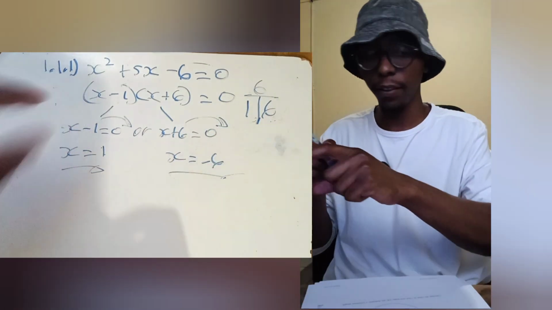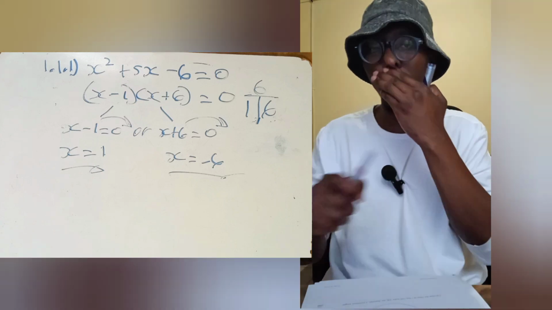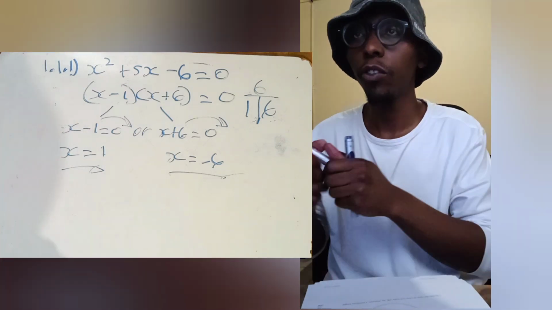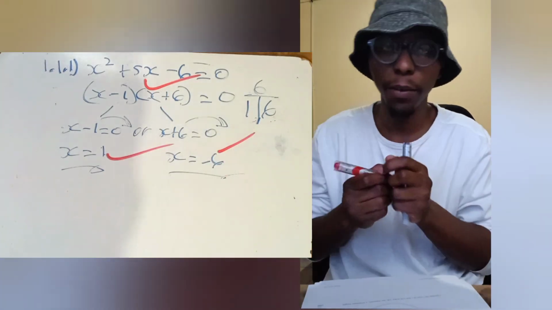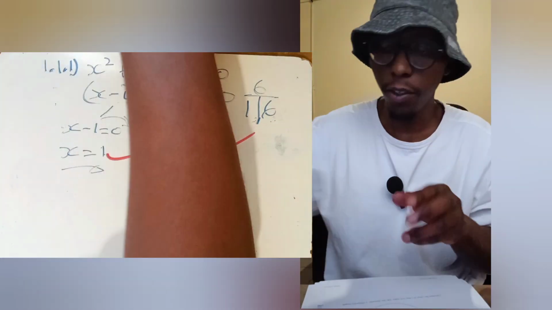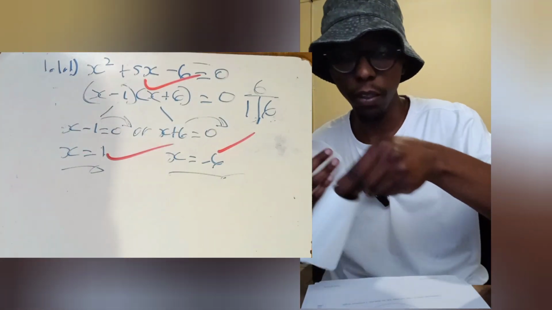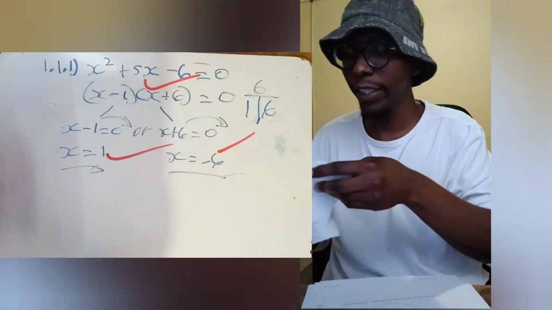So these are my two answers here. And where do you get your marks? The first mark goes to your factors, and so on. So easy 3 marks. You don't have to do a lot of things. You just have to remember your Grade 8 factorization.